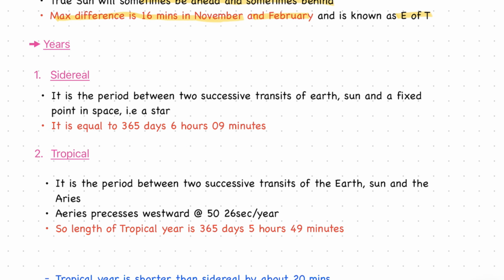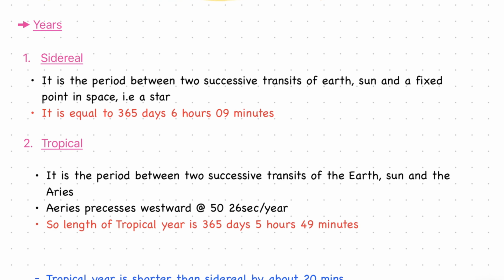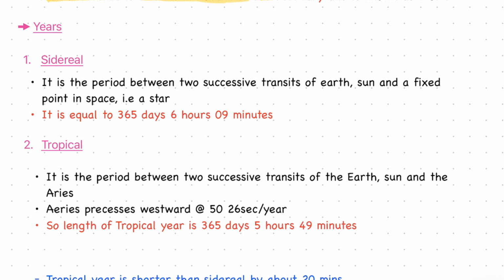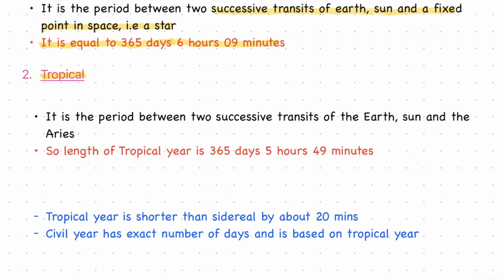For years we have two types of years. First is sidereal and second is tropical. Sidereal is the period between two successive transits of Earth, Sun and a fixed point in space, that is a star. It is equal to 365 days, 6 hours and 9 minutes. Tropical year is the period between two successive transits of the Earth, Sun and the Aries. So the length of the tropical year is 365 days, 5 hours and 49 minutes.